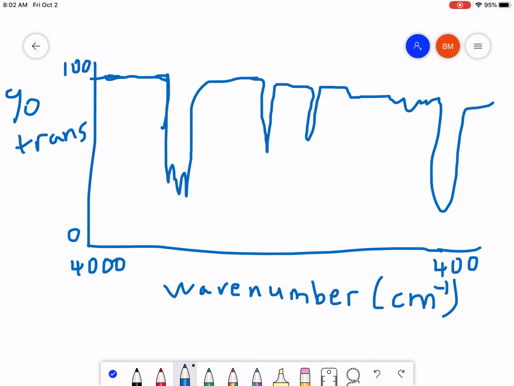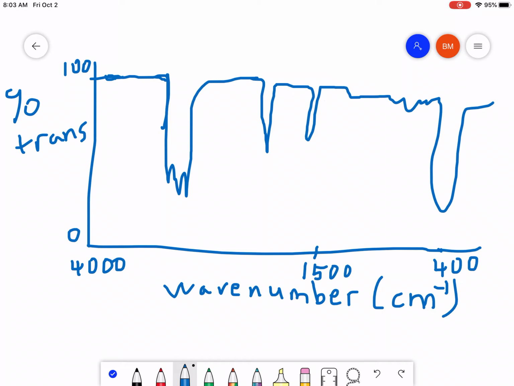And you can see there are our squiggles on a page. Okay? Alright, so there's different parts of this spectrum that we can divide it up into. There's two big pieces. The dividing line is at about 1,500 inverse centimeters.